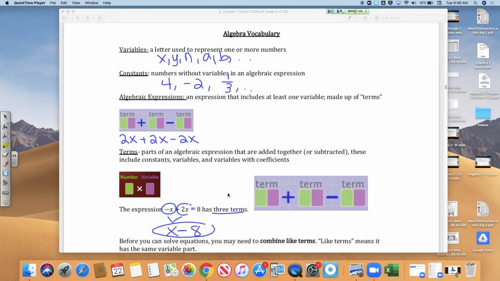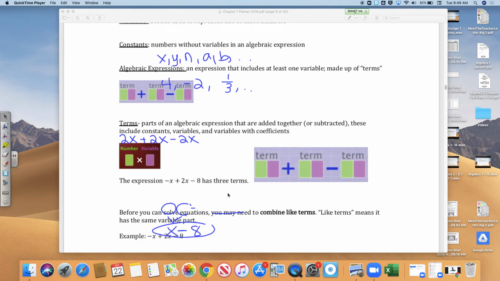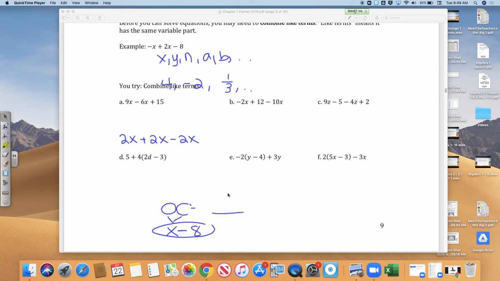So when we are combining like terms, it's important to realize what is a like term and what's not. X minus 8 has to stay that way. It can't be combined anymore because these are not like terms. You can't add or subtract x with any number because we don't know what x is. So what I want you guys to do now is try these 6 problems below.